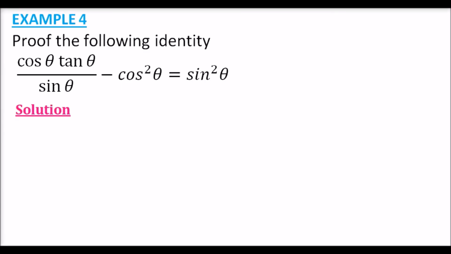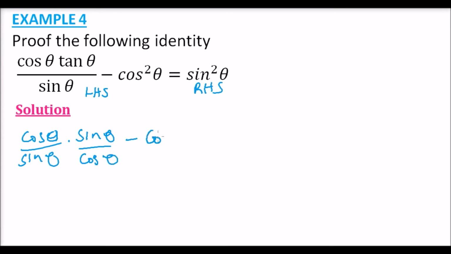This is our example 4, and we are told to prove the following identity: cos theta tan theta divided by sin theta minus cos squared theta is equal to sin squared theta. So let's deal with the left hand side, and this is our right hand side. We write cos theta divided by sin theta multiplied by tan theta, which can be written as sin theta divided by cos theta, minus cos squared theta is equal to the right hand side.